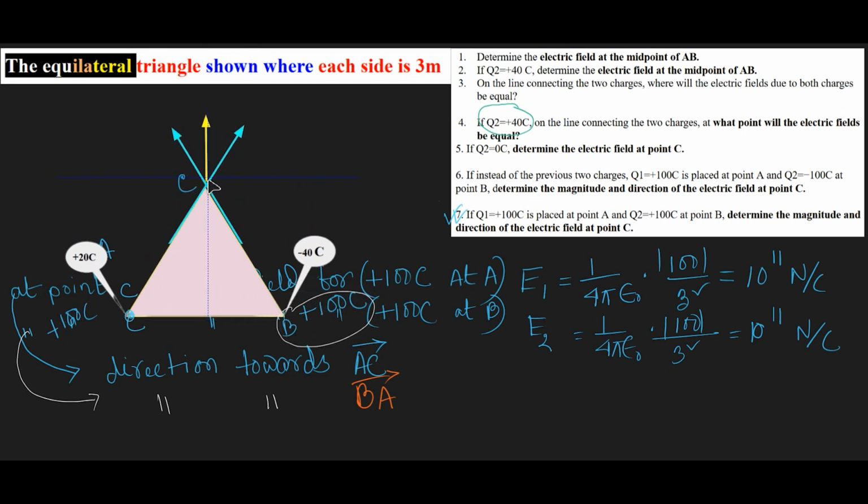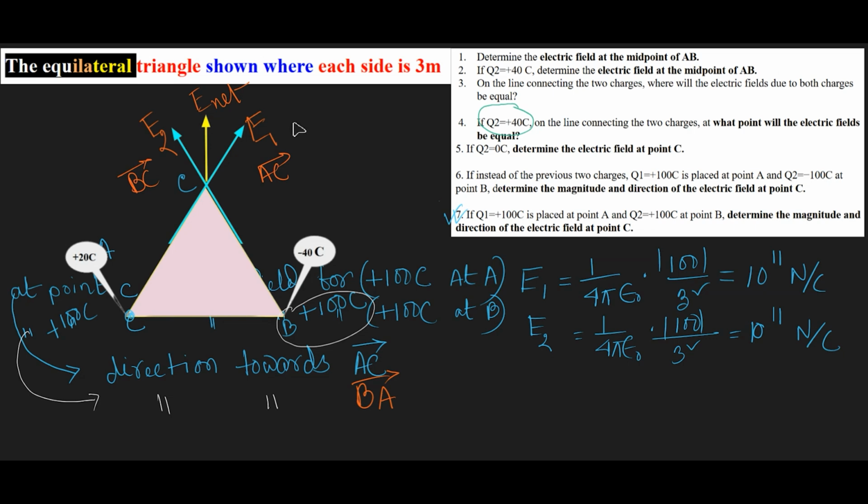So this will be the electric field. So this one is E1 and this is E2 and this is the total electric field E net, right? So E1 is towards AC and E2 is towards BC. Hope you understand this one.